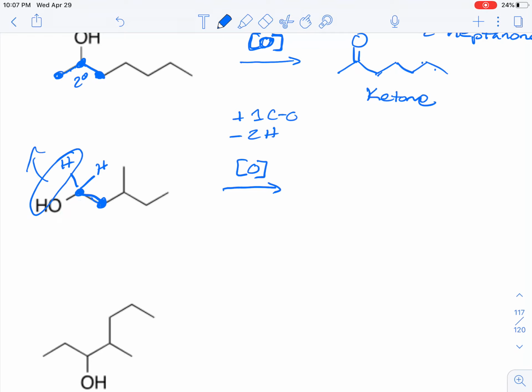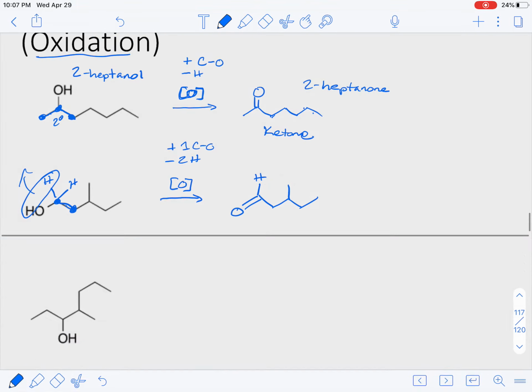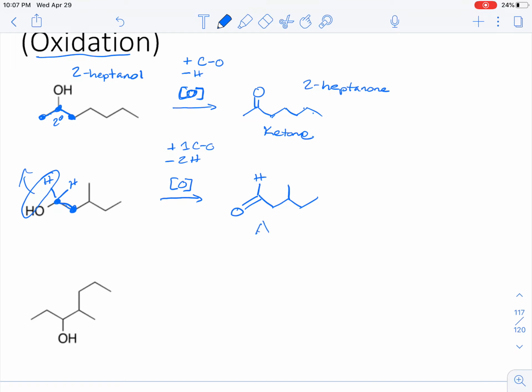And so the final structure that I'll get is this. Okay. So notice that this is an aldehyde.